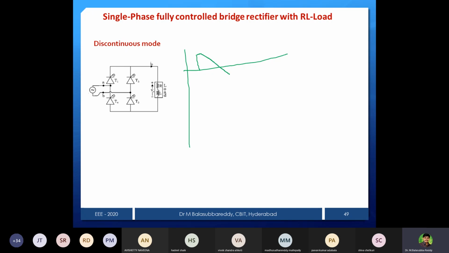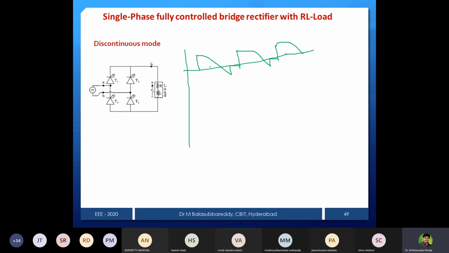It will continue to conduct up to beta, and then the next set is going to conduct. So this is the next thyristor. You can start here and it will continue to conduct up to beta, and then at pi plus alpha T3, T4 will conduct, then it will continue to conduct up to beta, then T1, T2. So this is the difference.